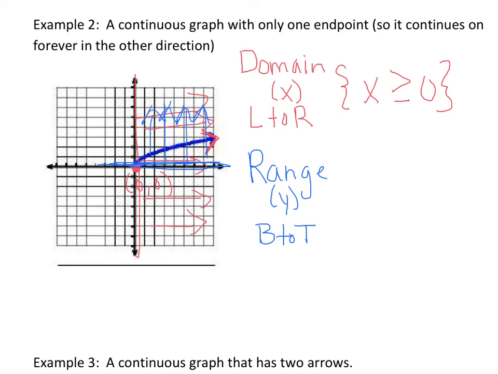Because that's going to continue going on forever, it's going to keep on going up, up, up. Well, because it's going up, then our range, of course, is going to be our y values that are greater than or equal to 0. If it was going below that 0, well, then we would use less than or equal to. Okay, so when you have a continuous graph going in one direction, you're just going to have either less than or greater than.